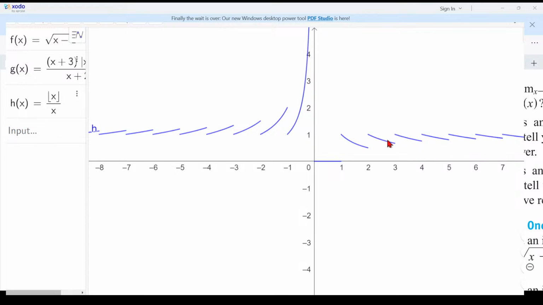Are you convinced with the graph here? At x equals 3, the limit is not defined, right? What is the left hand limit of this from the graph? 2 by 3. What about the right hand limit? That is 1.